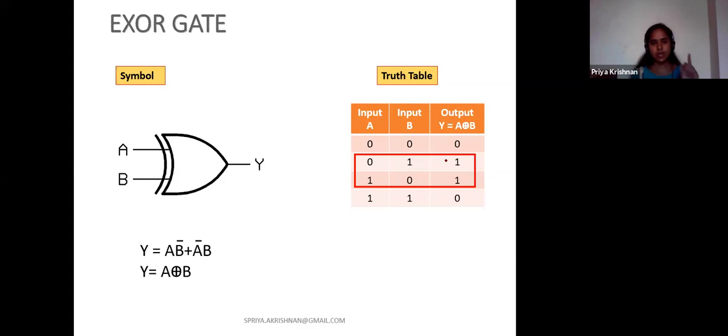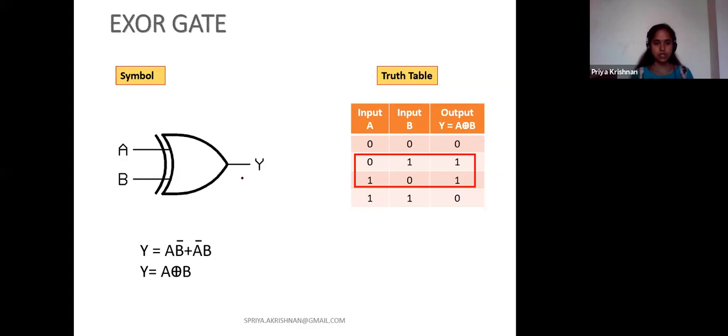If my inputs are the same, all 0 or all 1, I should give 0 in the output. If there is a change and any one input is 1, then I should give 1 in the output. That is the logic of the XOR gate. It is a special gate.